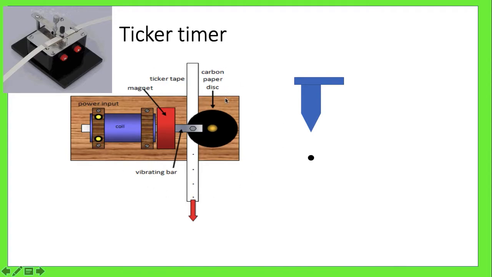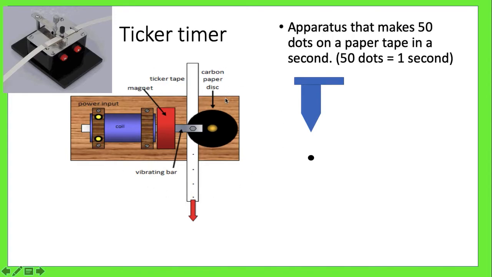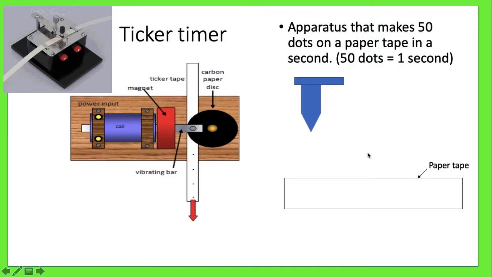A ticker timer is an apparatus used in the laboratory which is set up to make 50 dots in 1 second. This means the time taken between two dots is 0.02 seconds. To get the time taken between these two dots, you need to divide 1 by 50.